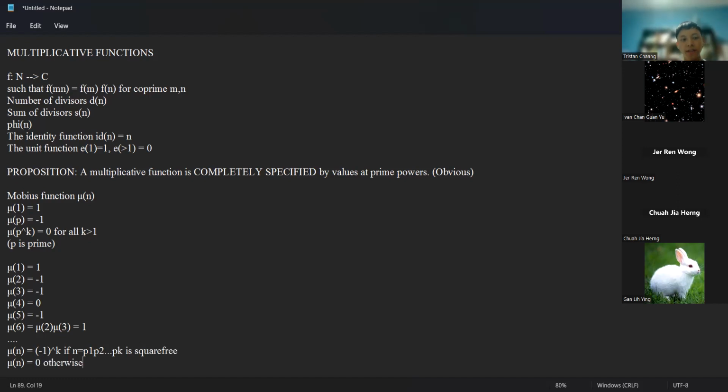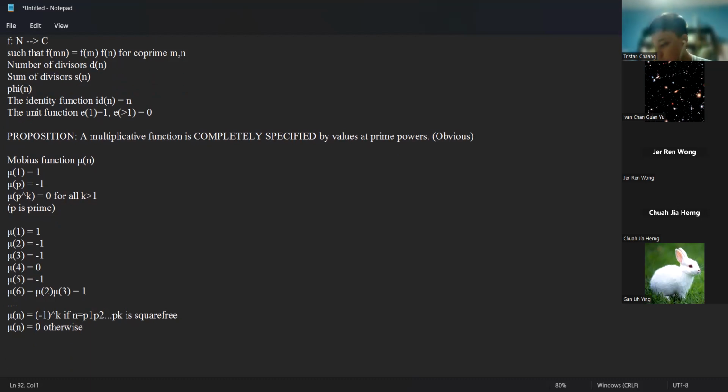Okay. Well, it's a very weird function, but apparently it will be quite important because it allows us to do a lot of things. So the first theorem is this.